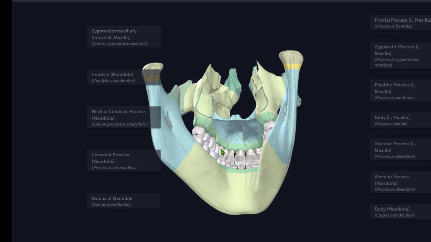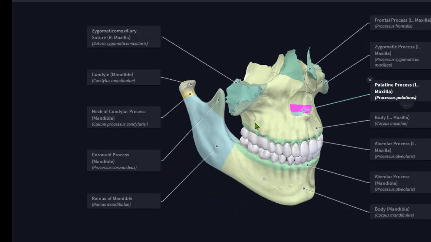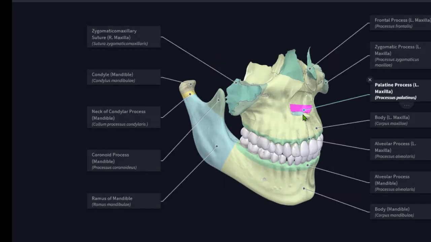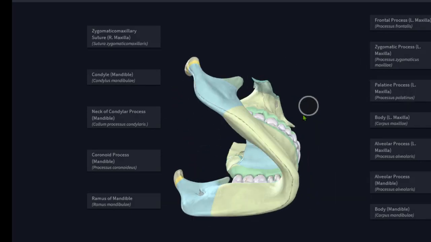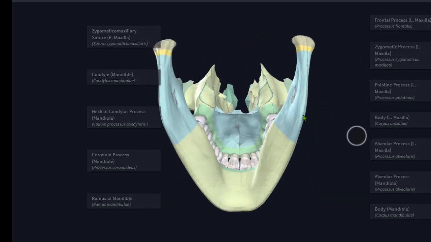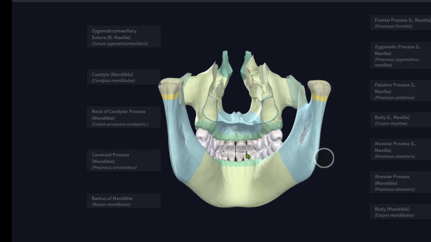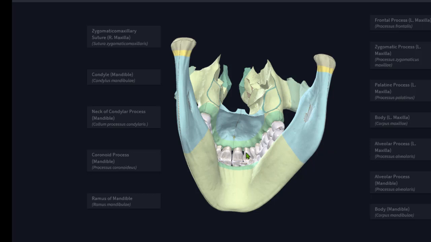This is your orbital cavity and this is your nasal cavity. This is your palatine process. From the front you can see this palatine process through the nasal cavity. This is a posterior view, and here you can see the nasal cavity and this is your oral cavity. Now this is your palatine process.